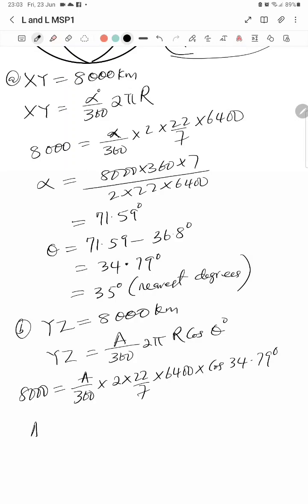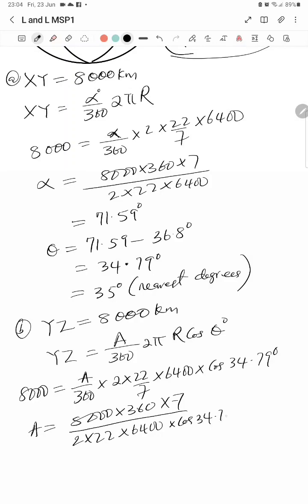If we make A the subject of the formula, the angular difference between X, Y and Z is going to be 8,000 times 360 times 7 over 2 times 22 times 6,400 times cos 34.79 degrees.